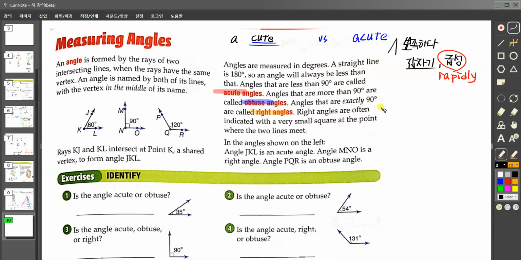A right angle means 90 degrees. Obtuse is more than 90. Acute is less than 90.